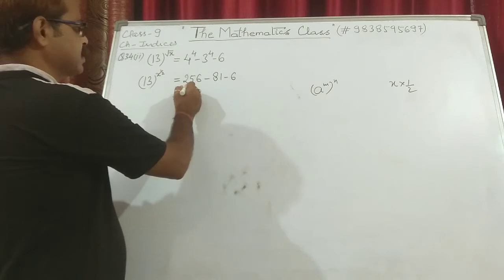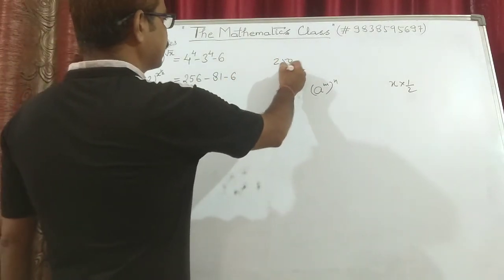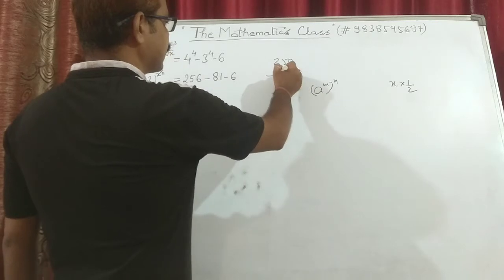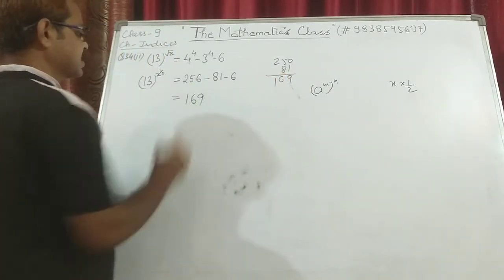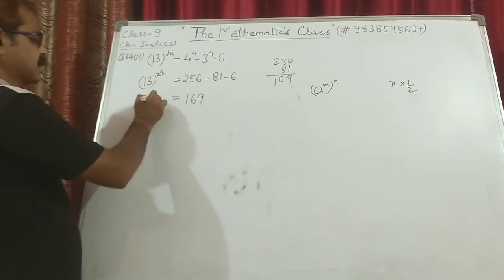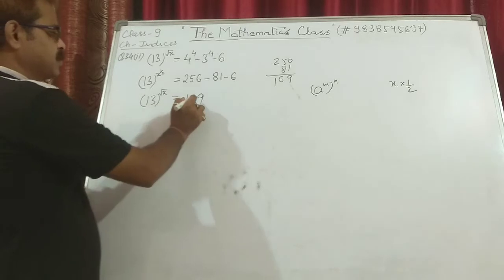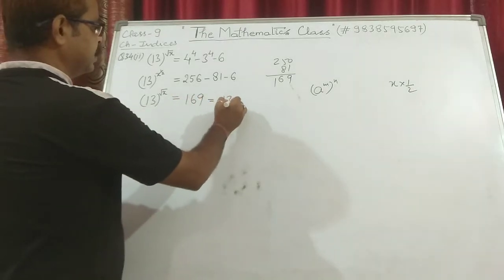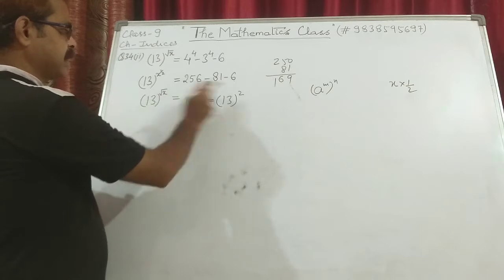Now 256 minus 6 is 250, and 250 minus 81 is 169. This total value can be written as 169, and this is 13 to the power root x only, because we know that 169 is 13 to the power 2. When bases are equal, we can equate the powers.